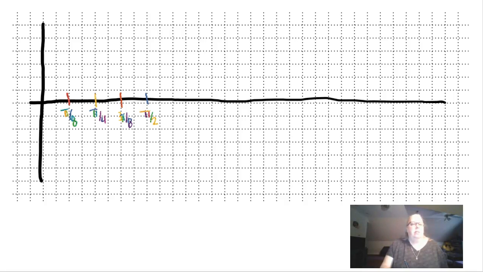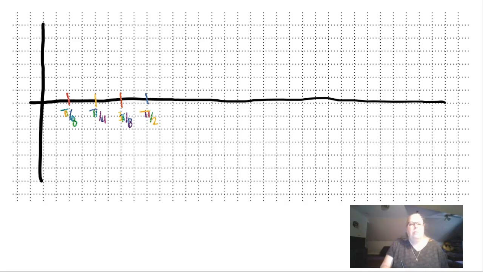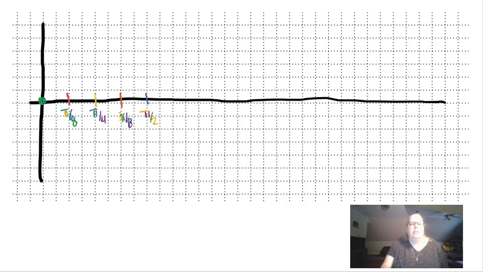Okay. Our first point we wanted to graph was 0, 0. We'll put that one right here. Our second point, pi over 8 and +2. Oh, I forgot to do that, didn't I? Let's do that again. There's +1. There's +2. There's -1 and negative 2. Okay, so pi over 8, positive 2.